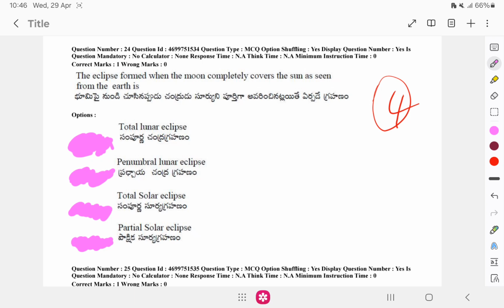I am giving you 5 seconds. Total lunar eclipse, penumbral lunar eclipse, total solar eclipse, partial solar eclipse. And the correct answer is total solar eclipse.